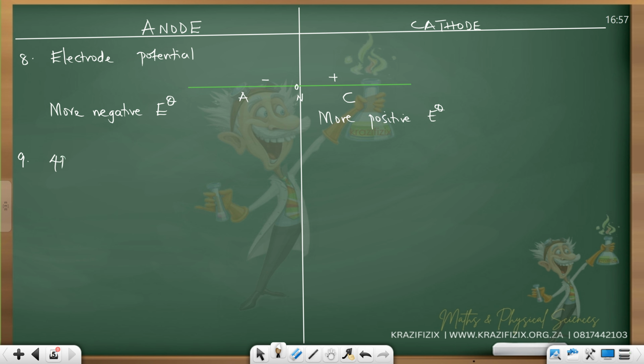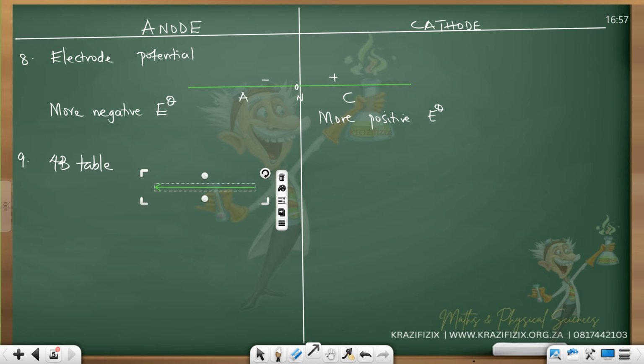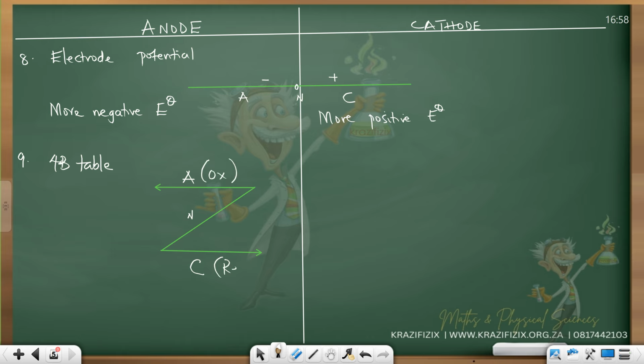So on the 4B table, what do we have? The first one we see. So we write Zuma, Jacob Zuma. But what do we know? It's still A and C. The first one is the anode, which means that is where oxidation takes place. And this one is reduction. And this one would inform you on how you write.